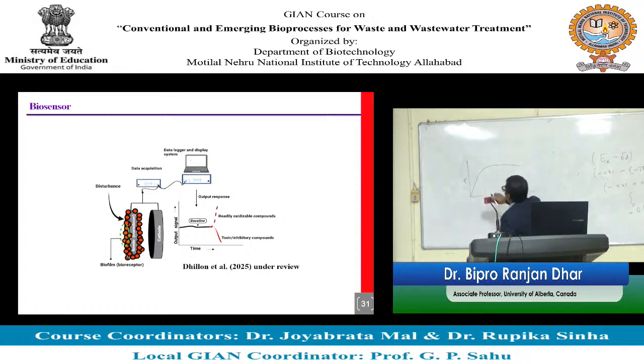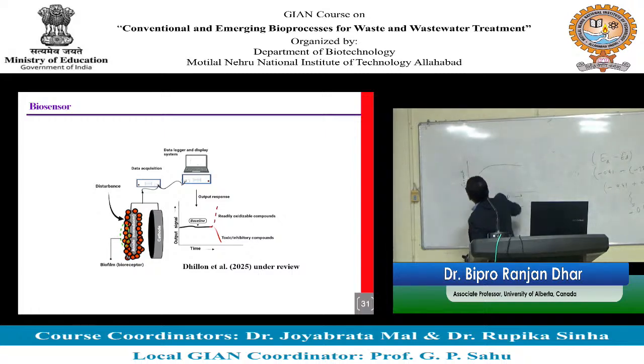So we can delete that and put current density. If your COD or any contaminant level is within this range, you can have a perfect calibration curve, and you can use that concept as a biosensor.